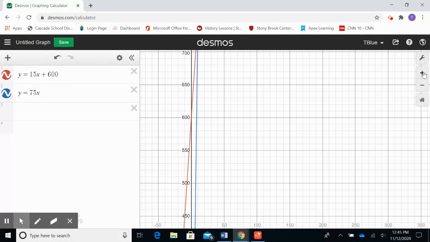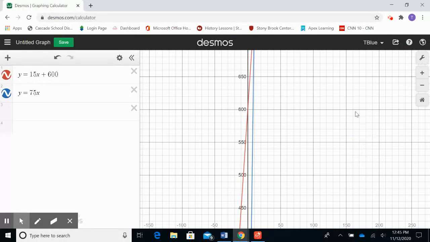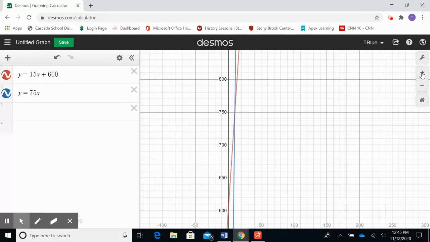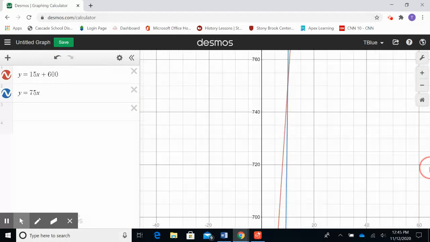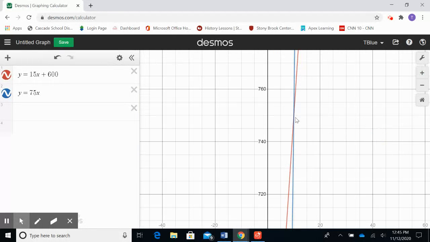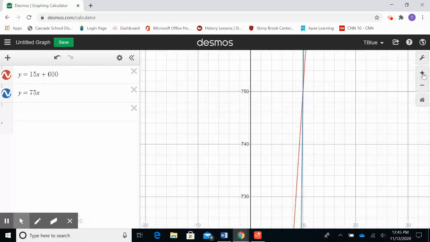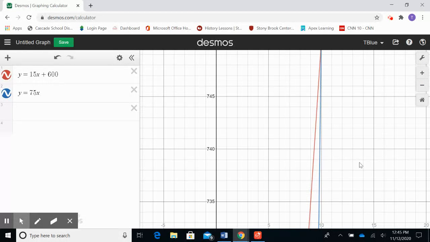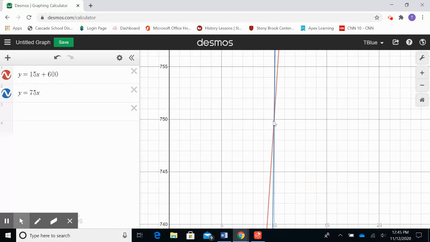This system of equations appears as though it crosses right here, at 750, and this is 10. So 10, 750. What is that point? 10, 750.